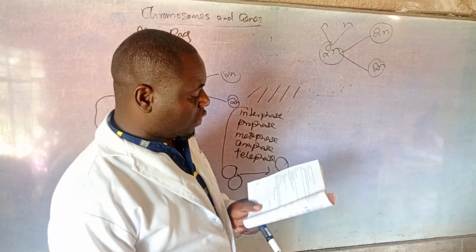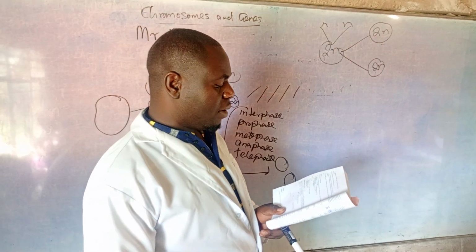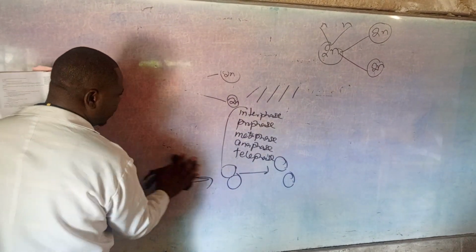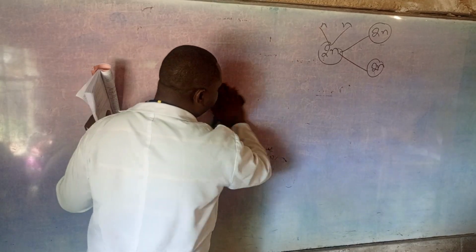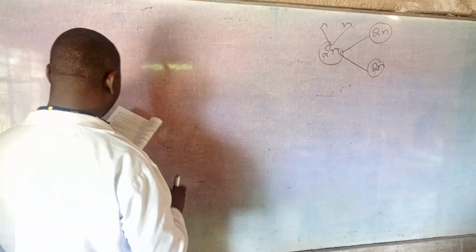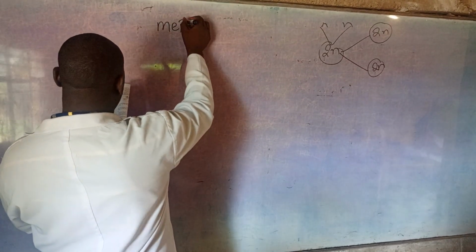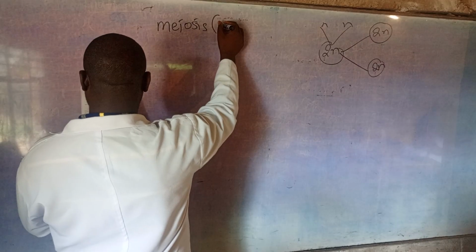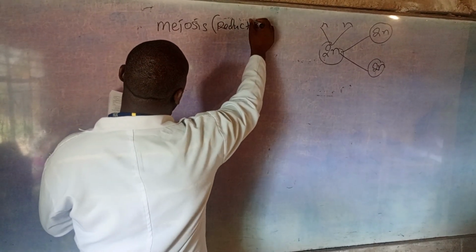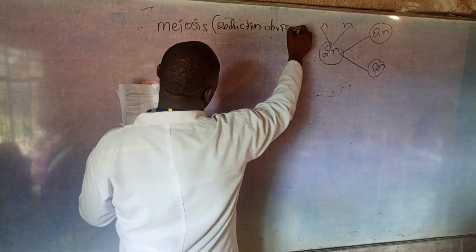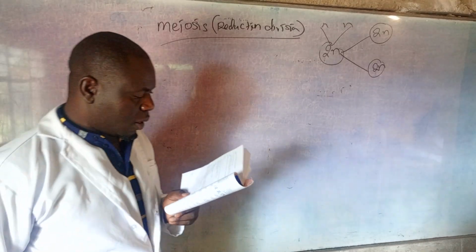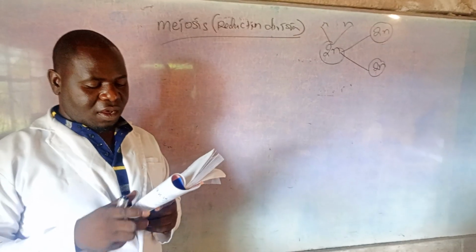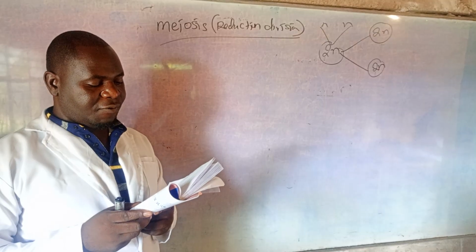Then I'll go to the last part for today, which is reduction division, which is meiosis. Meiosis is a type of division where one diploid parent cell produces 4 daughter cells that are haploid and genetically different from the parent cell.